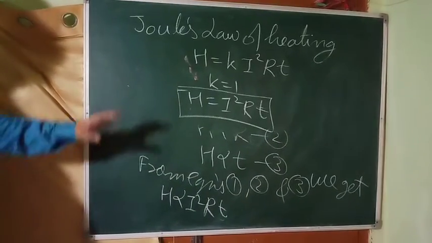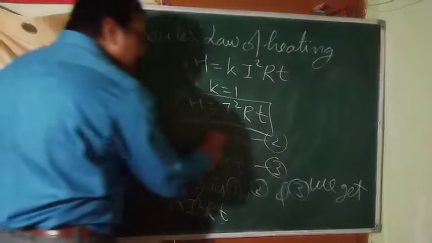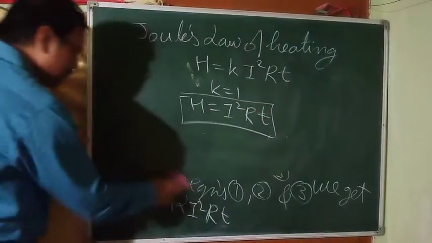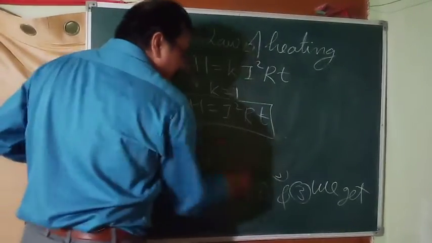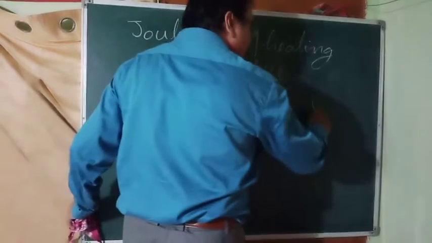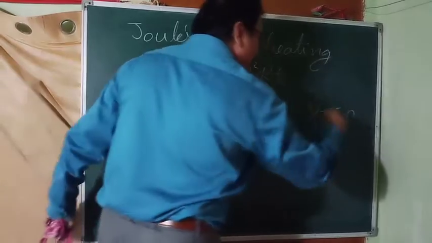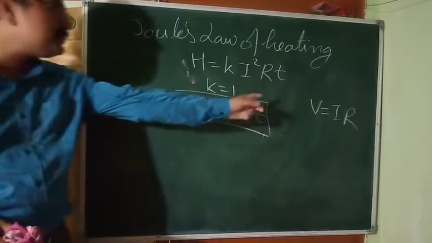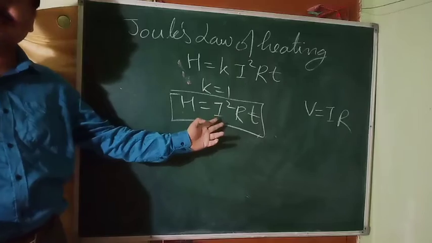Now, there can be expressions of 3 types, or we can say 3 forms of this equation are there. Why 3 forms? Because in Ohm's law, we have V is equal to IR. Out of those 3 variables, how many variables are appearing in this equation?